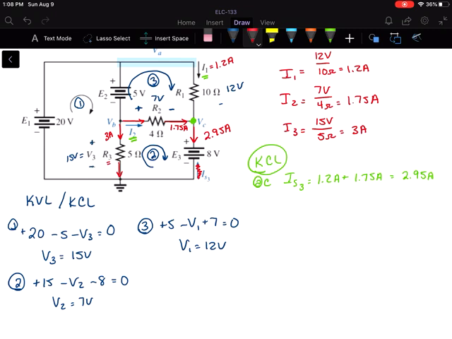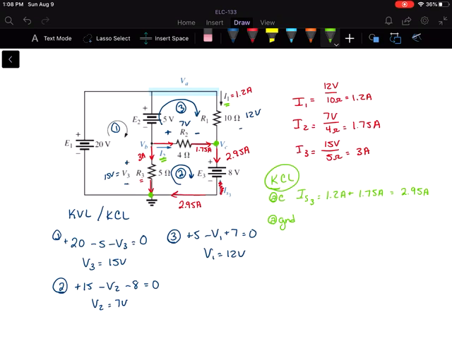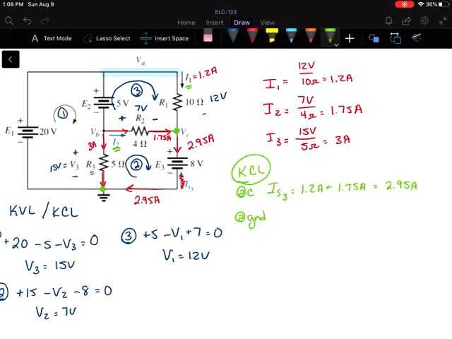All right, so now what? Well, that 2.95 amperes continues around this way, and let's look at this ground node right here. So we have our 3 amps coming in from R3 and our 2.95 amps coming in from that 8-volt source. So that means that our source current would have to be leaving, well, that's the 20-volt source current.